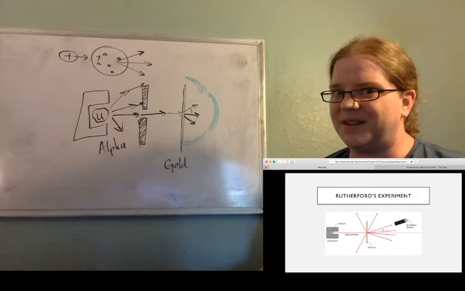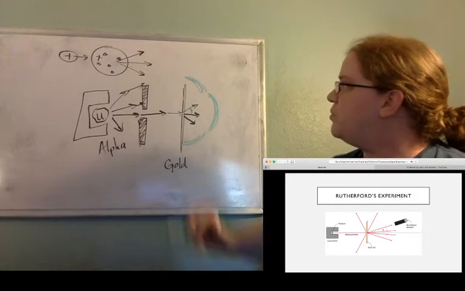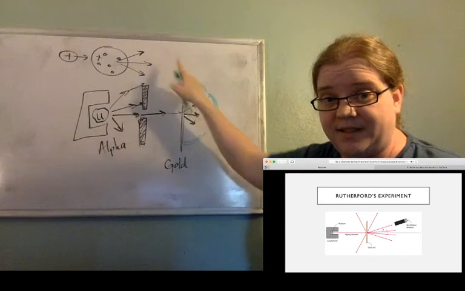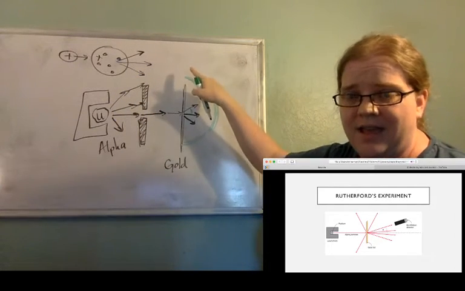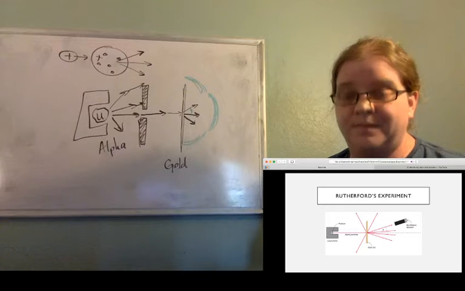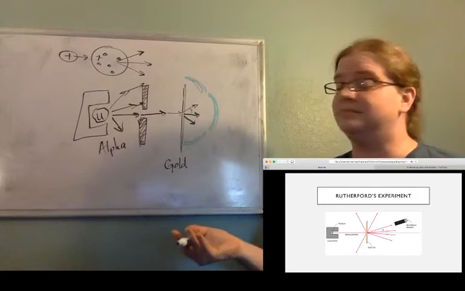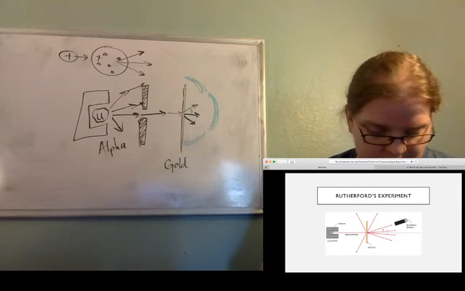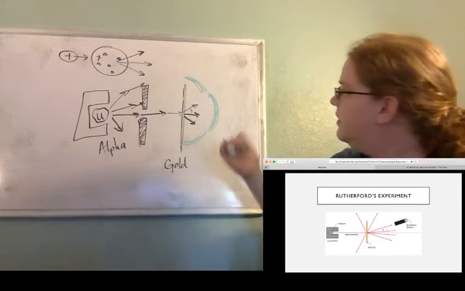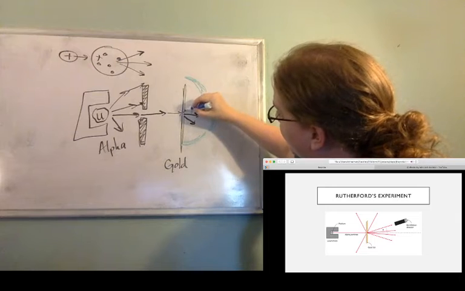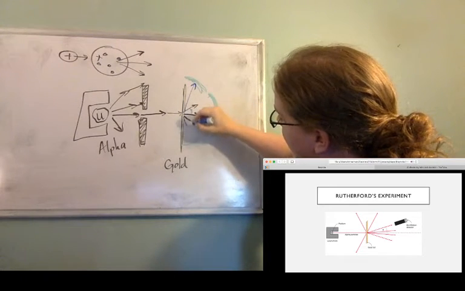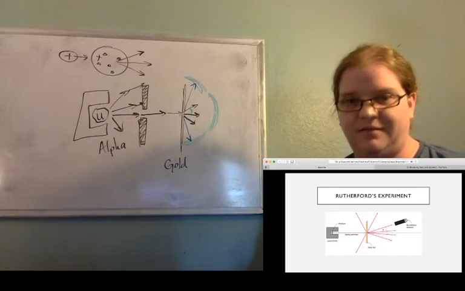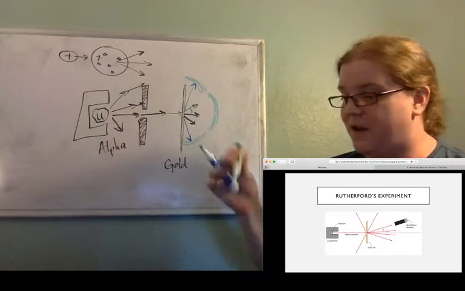These are fairly big angles, which, if this model is correct, you would absolutely never expect to see, or very rarely get an alpha particle to go up there. But they measured some. Okay, so they have actually measured some now that go that way, which means that when it came through the gold, it deflected at a fairly big angle like that. That's unexpected, but he wasn't done, okay?